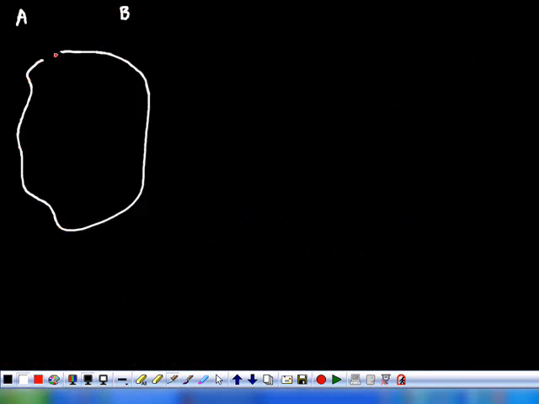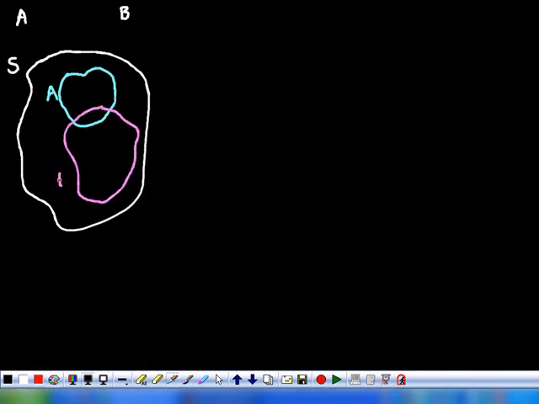So now I consider two events, A and B, that are defined on the sample space S. Let this be the sample space S, and I have two events, A and B. Let this be one event, A, and another event B. We try to see the mapping between the sample space S and the xy plane, or Sj, the joint sample space.